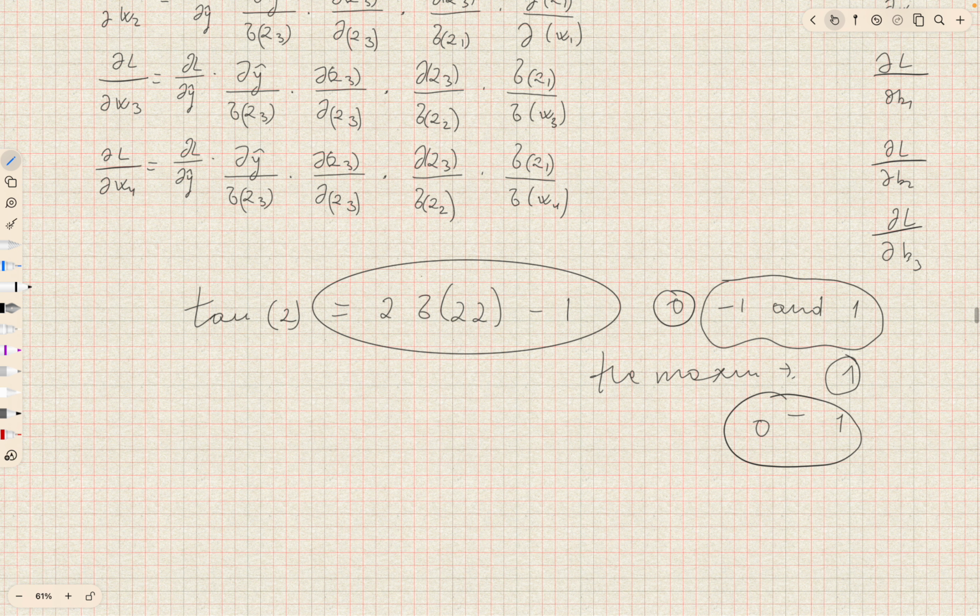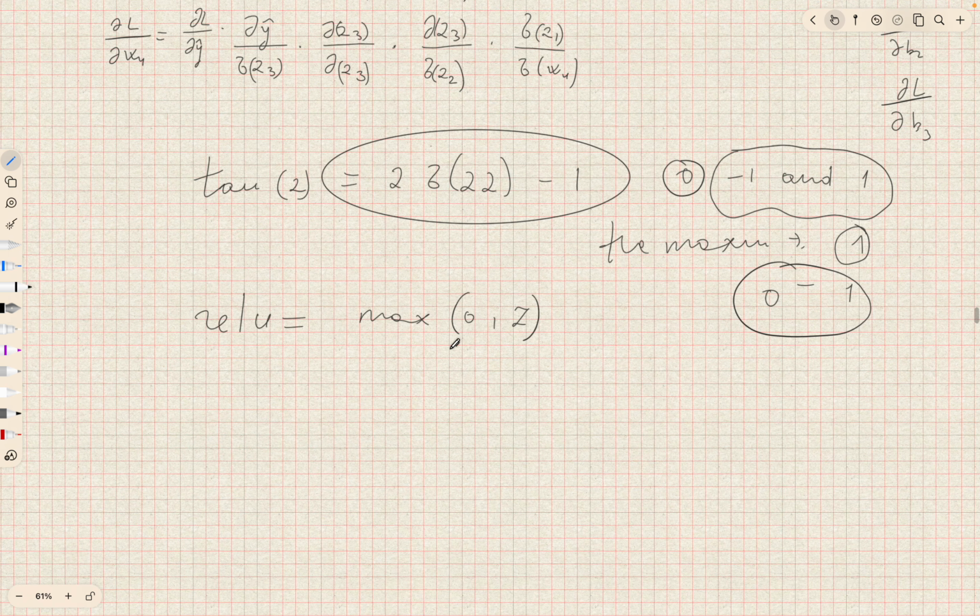Then we can solve this with a ReLU activation function, which is basically max(0, z). So given a value, if it's bigger than 0, then we just output z, and if it's a negative value, then we just give 0.